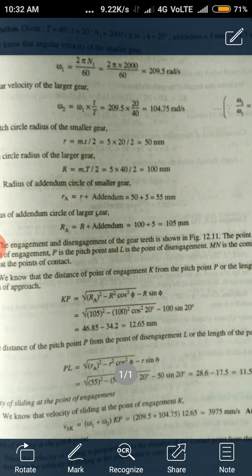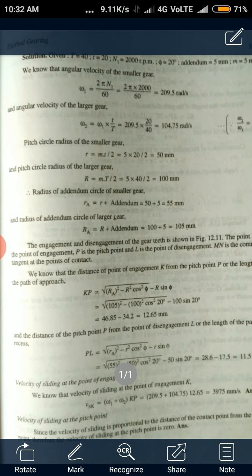So using the given data, we can calculate the angular velocity of the smaller gear or pinion, omega 1 equal to, you know the formula, 2 pi n1 divided by 60. Substituting that, we got 209.5 radians per second. Similarly, the angular velocity of the larger gear, that is the driven follower, omega 2 equal to omega 1 into small t by capital T, using the gear ratio.